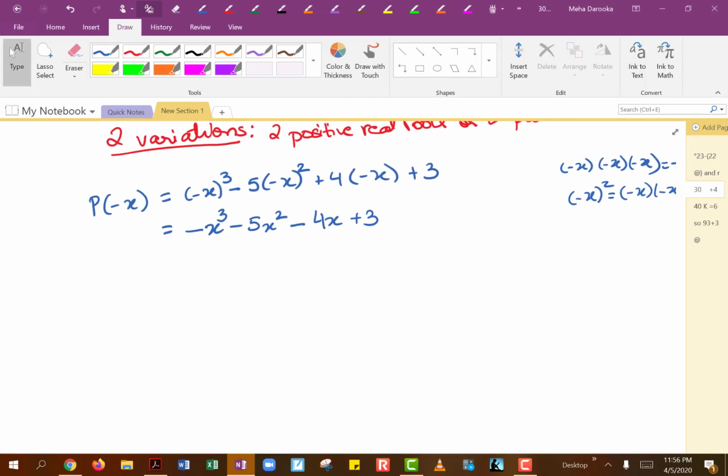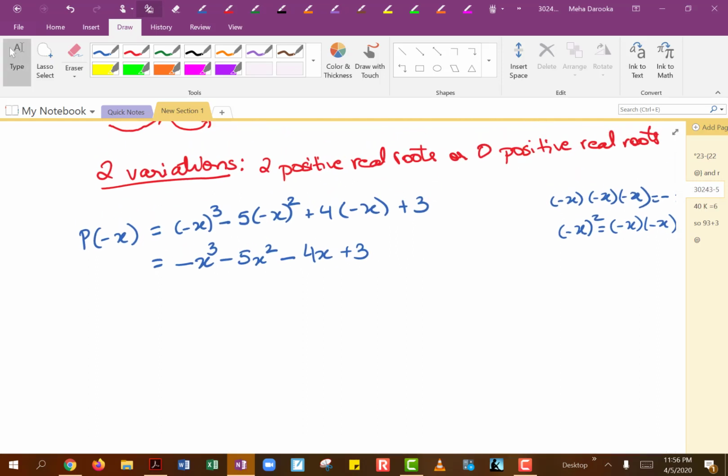Okay, so now once you have this little calculation done, now go back and see how many times your sign is changing. So I'm going from negative x to the third power to negative 5x squared, so that's going from negative to negative, no change. Then you go from negative 5x squared to negative 4x, so again that's negative to negative, no change.